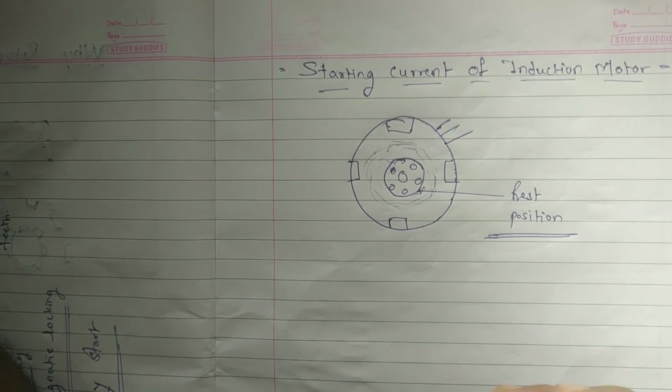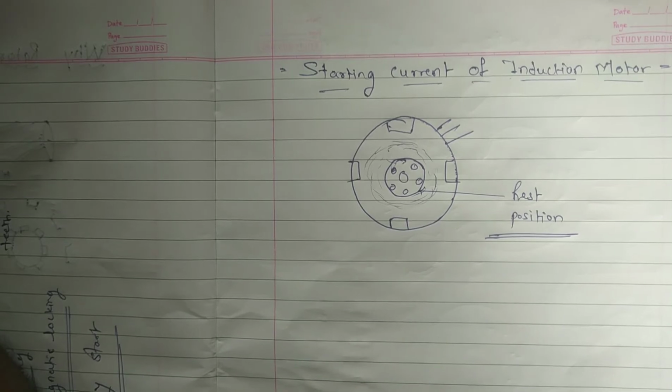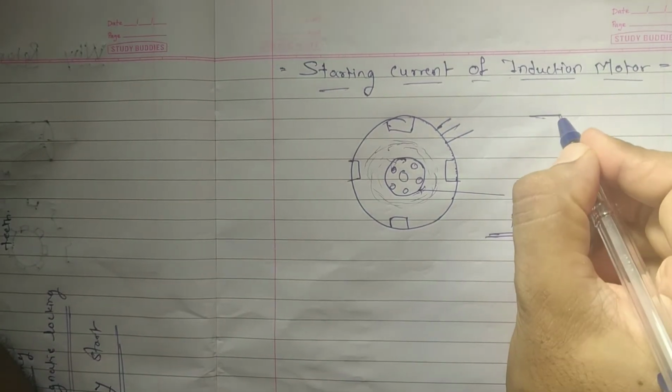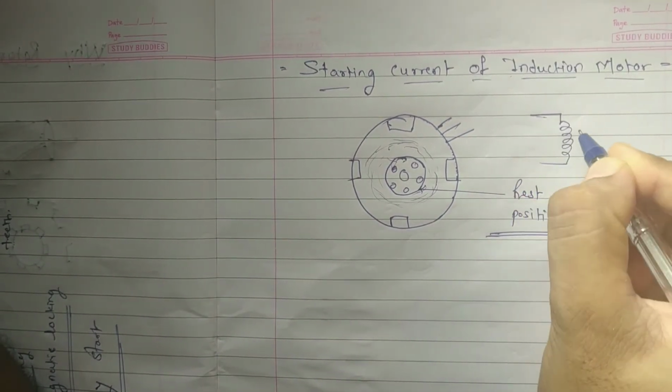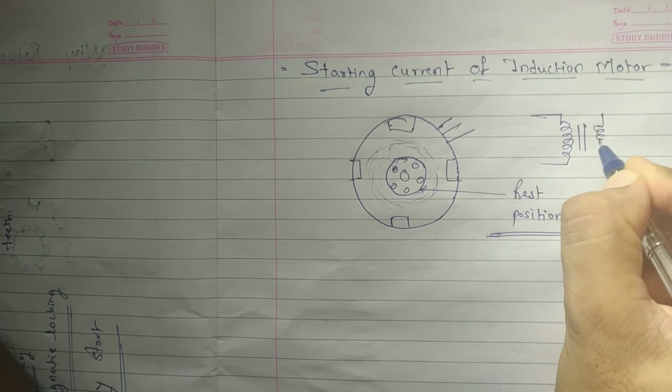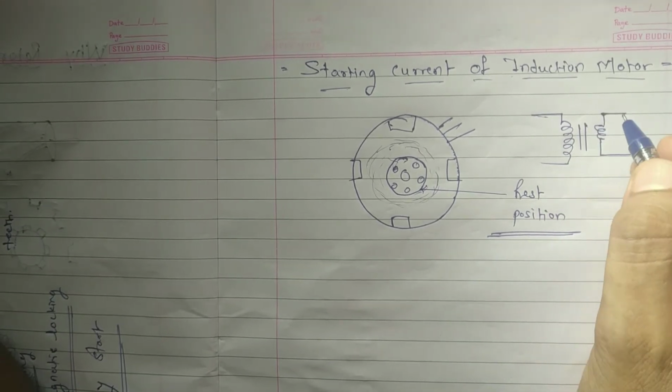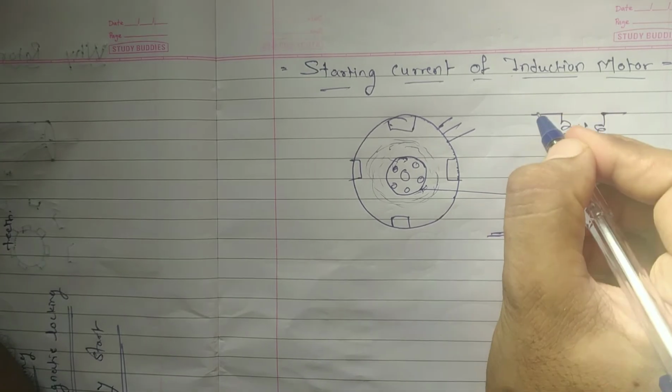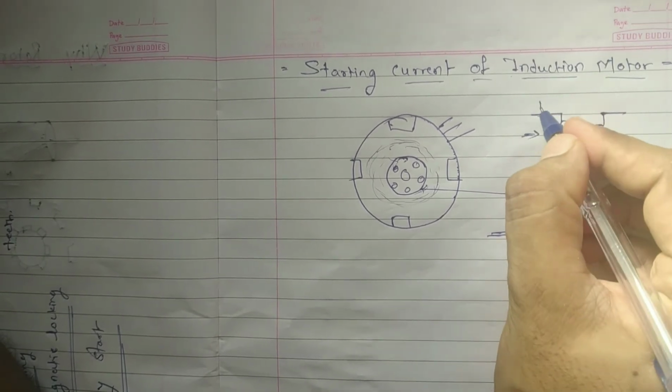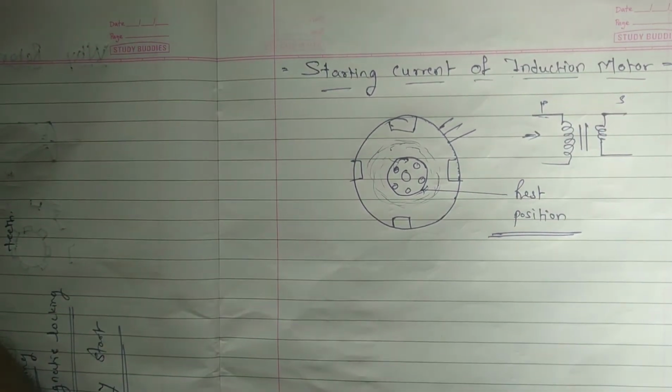Just think about your transformer. Your transformer has two windings, high voltage winding and low voltage winding, or primary winding and secondary winding. Suppose you provide a supply from this side, then this becomes primary and this becomes secondary. Just like that, your motor is also constructed.